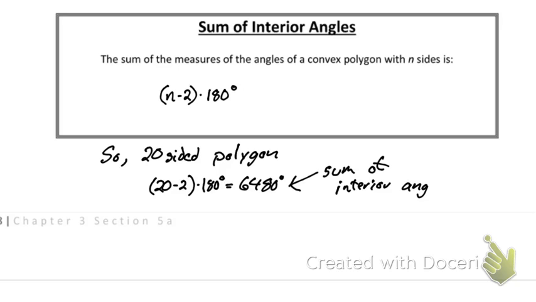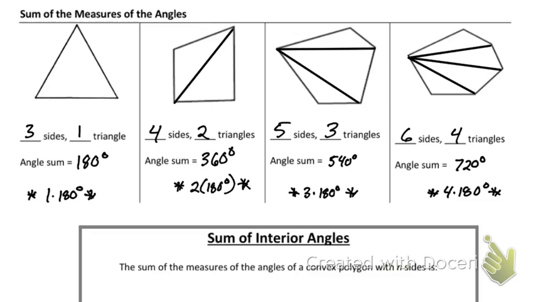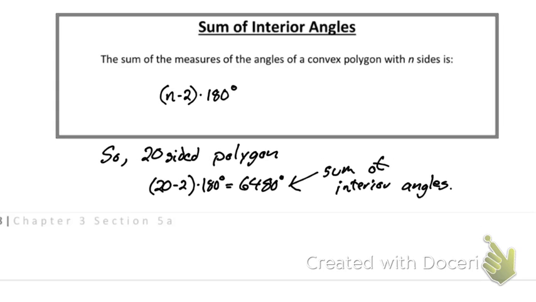And it would be the number of triangles, yep. So if I ever forget this formula, I just go back to drawing a triangle, and then I draw a square, saying it's one triangle, and a lot of times I can just do those two and remember that formula again. It is your number of sides minus 2 times 180 gives you the total sum of all of your angles. Interior angles, I should say.